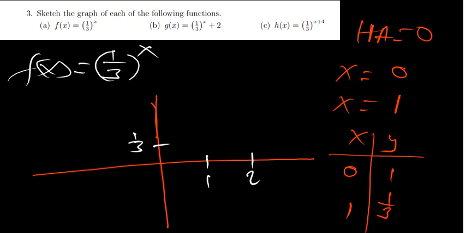I can put it here, because 1 over 3 is 0 point something, and then I'll put 1 here.